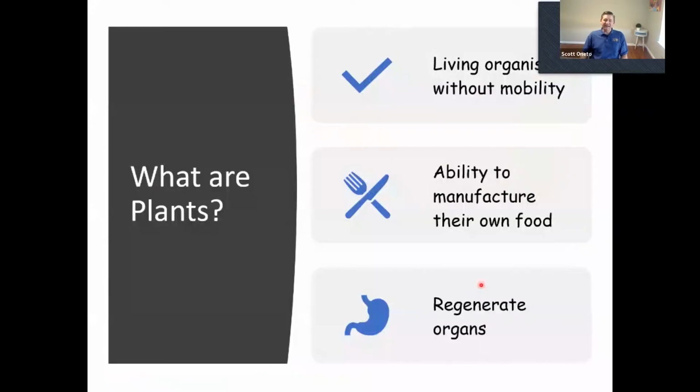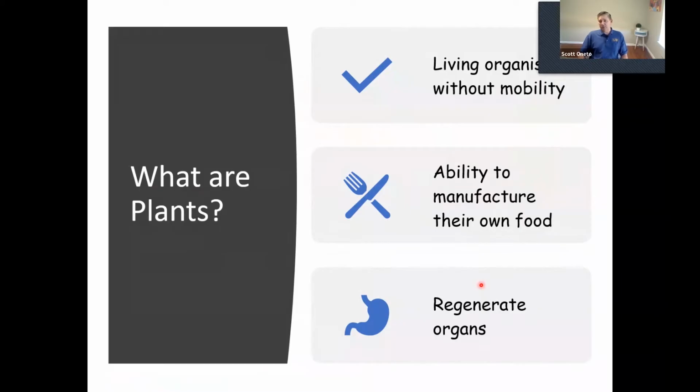So just a little bit of definition. When I think about what are plants, these three things come to mind. First, I think of plants as living organisms that lack mobility. So, as a master gardener, I think this is an important part to keep in mind when we're recommending plants for our clientele.